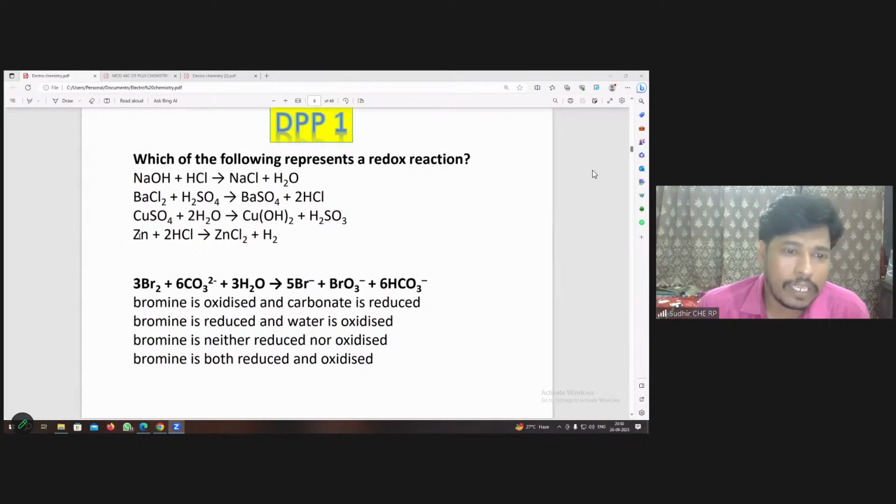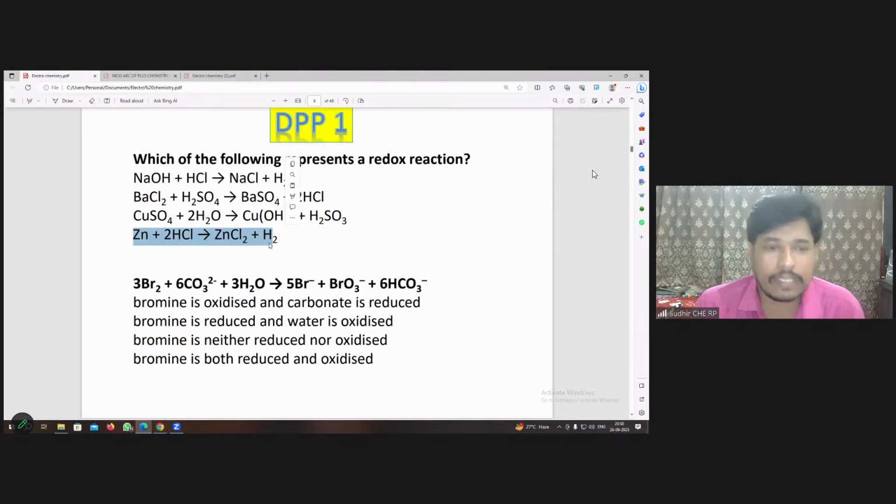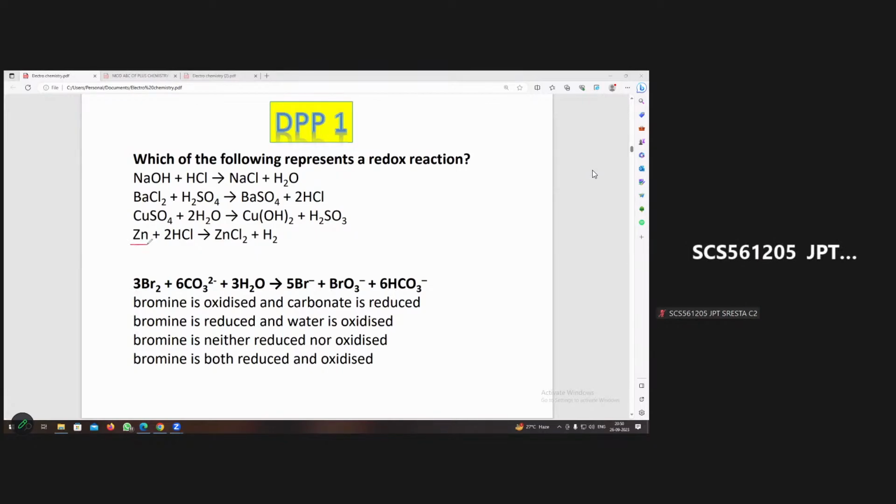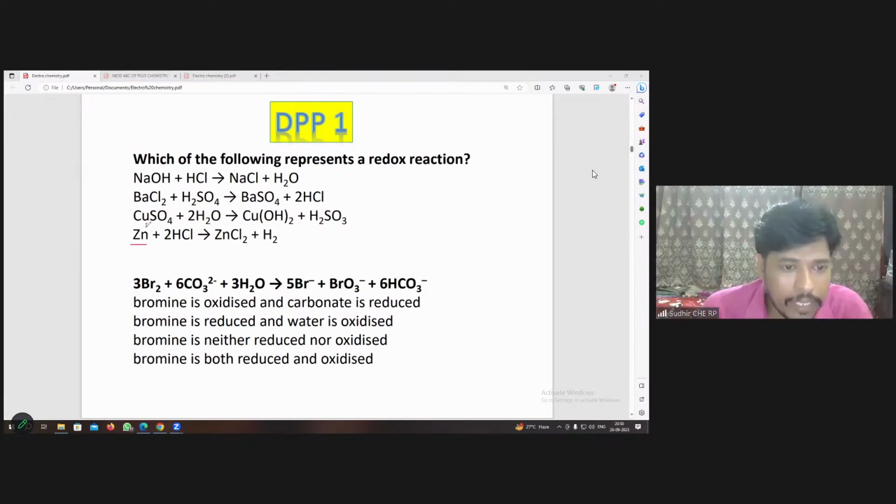Okay, so now in this question, I said zinc with HCl is a redox reaction. So zinc initially, oxidation number of zinc is 0. Before the reaction, when nothing is there, no charge is represented on the element, it means it is 0.